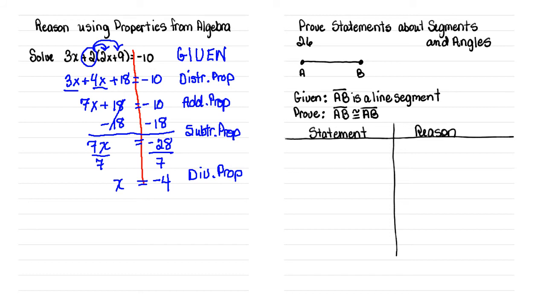All right, the first part's always the easiest because it's what we have to prove. Oh, I'm sorry. It's always been what we're given. Thinking way far ahead here. AB is a line segment.